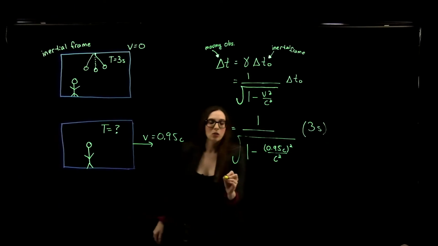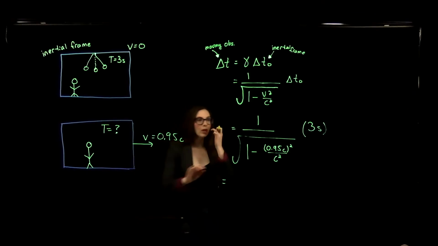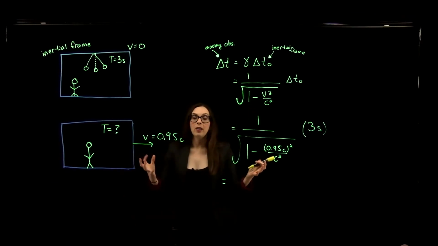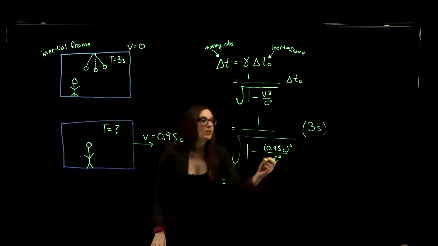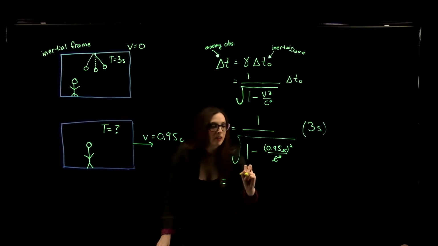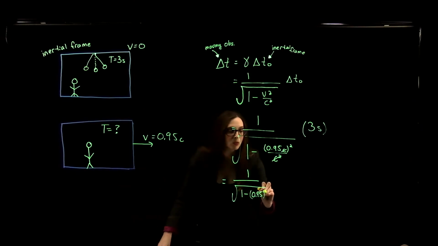When we look at this problem, I've got 0.95 c squared all over c squared. So this c squared is going to cancel with this c squared. This becomes 1 over the square root of 1 minus 0.95 squared.